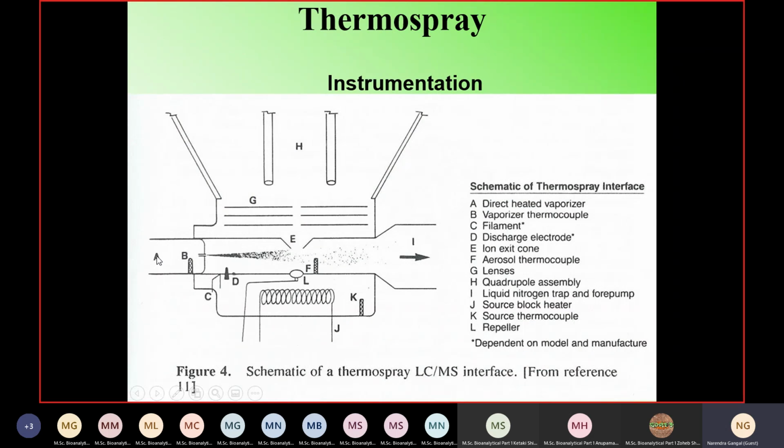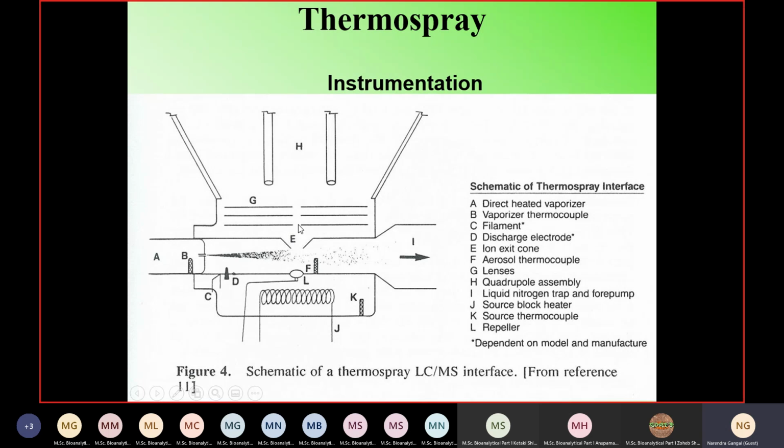So here liquid is coming, followed by heating of that liquid, there is vaporization of the liquid, then the filament is charging those droplets which are in the vapor form, then the dissolution of the droplets occurs, and once the dissolution occurs, ions are formed.